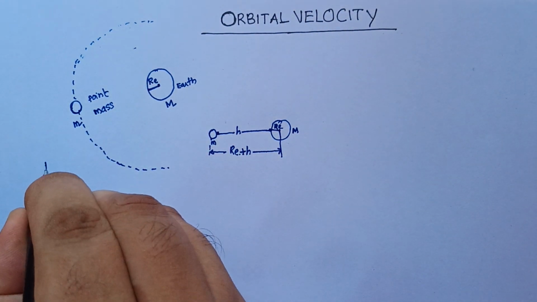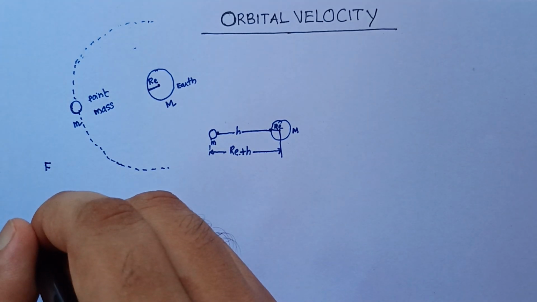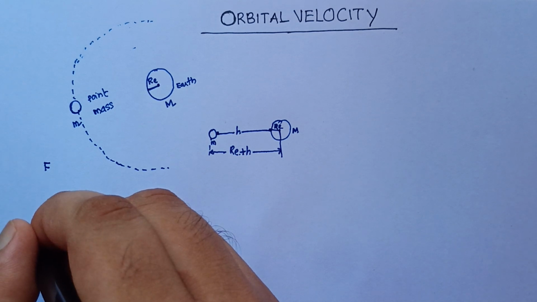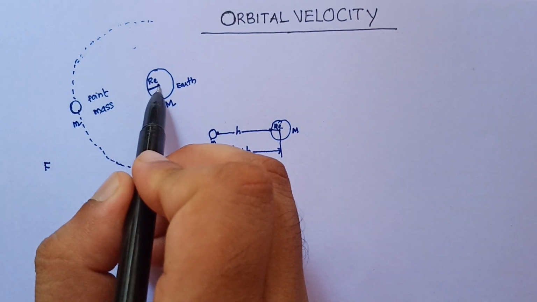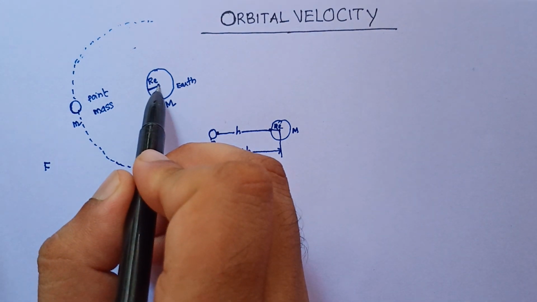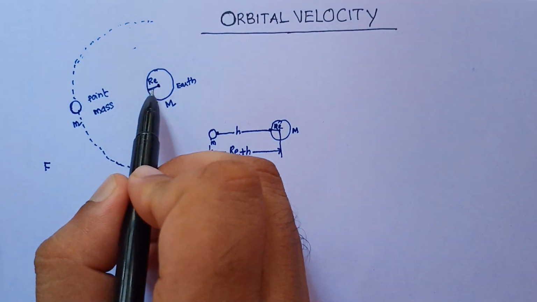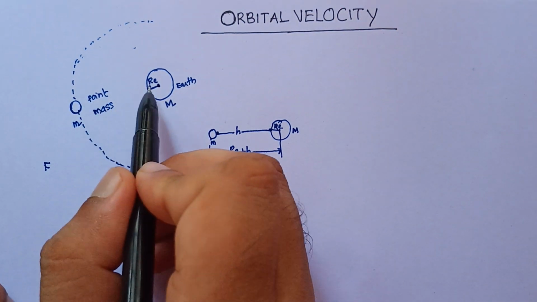Centripetal force is the force experienced by any rotating body, pointing towards the center of any bigger mass. The center of the earth is the center point where it attracts the smaller bodies towards it.